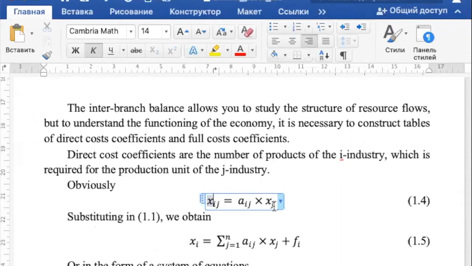In this formula, our direct cost coefficients Aij reflect the requirements of each J industry to produce one new unit of its product, and Xj reflects the amount of product which the J industry must produce.